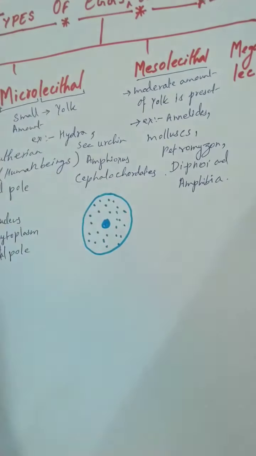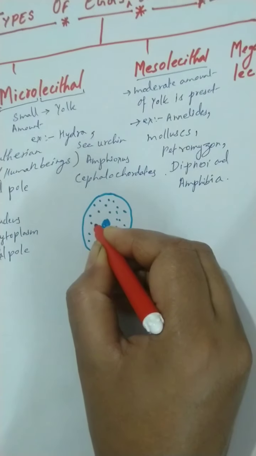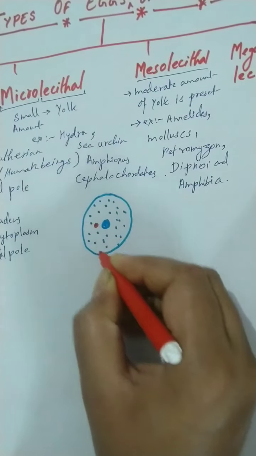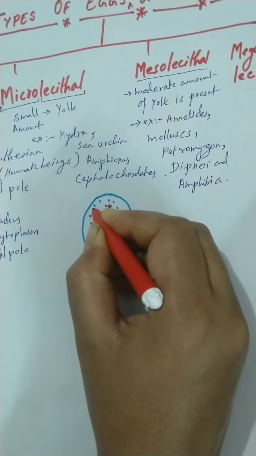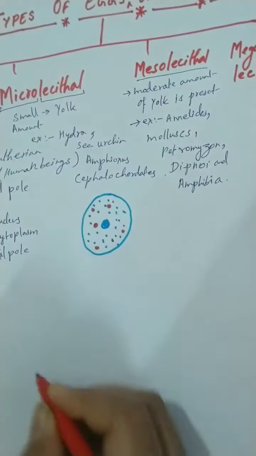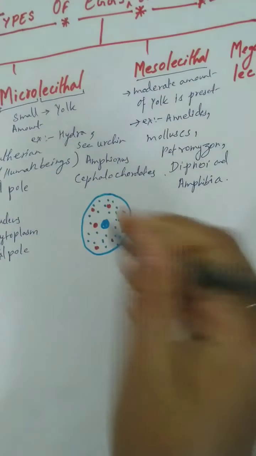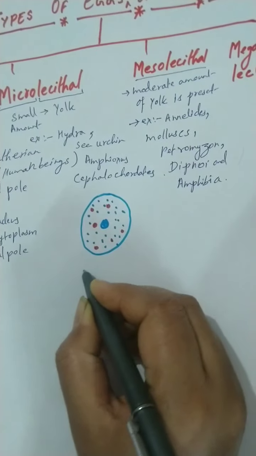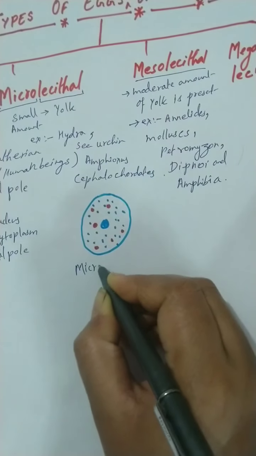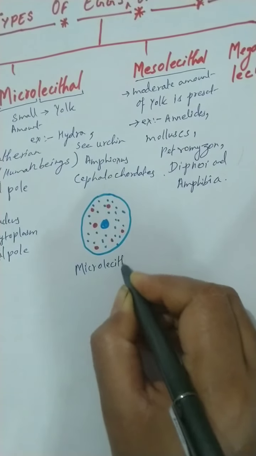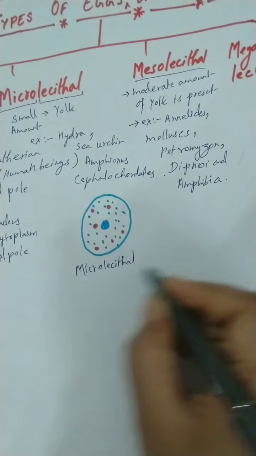In this, yolk is present in a very small amount. And this is the microlecithal type of egg.